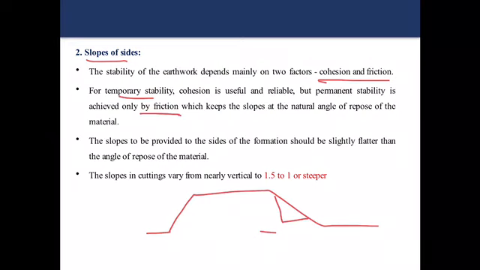The slope I provide should be as gentle as possible. Usually, in both cutting and embankment, the slope generally varies from 1.5 horizontal to 1 vertical, or even a steeper slope is adopted in cutting.